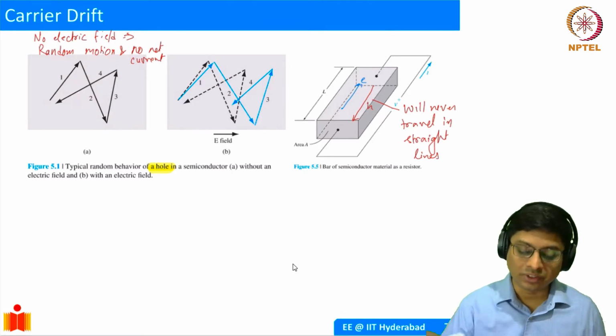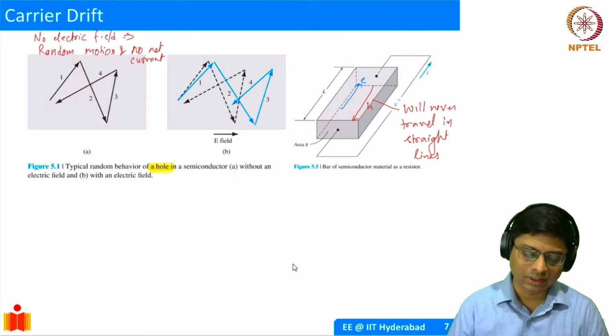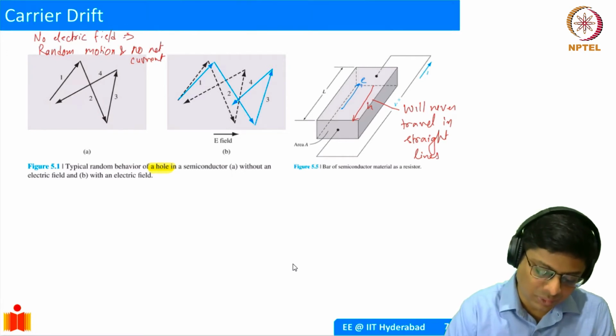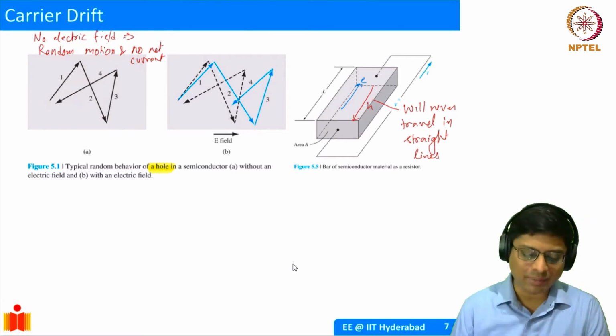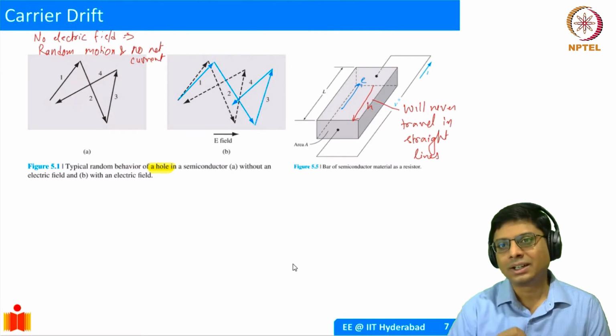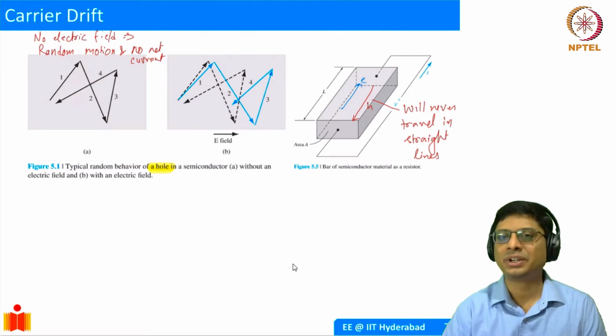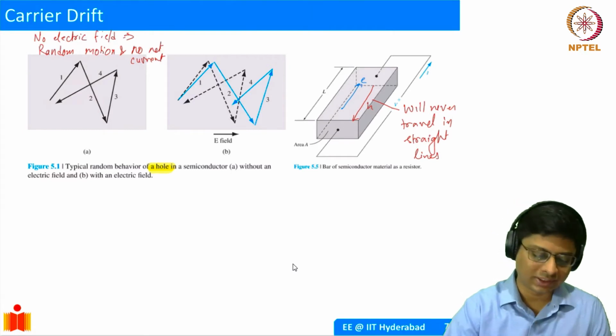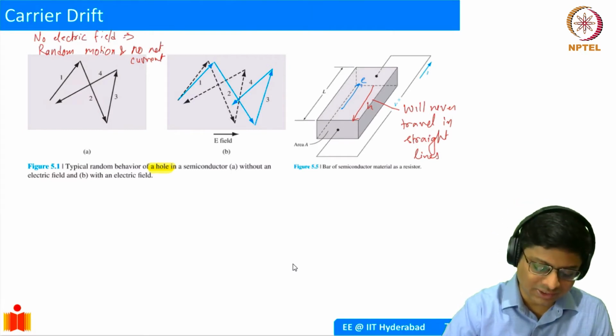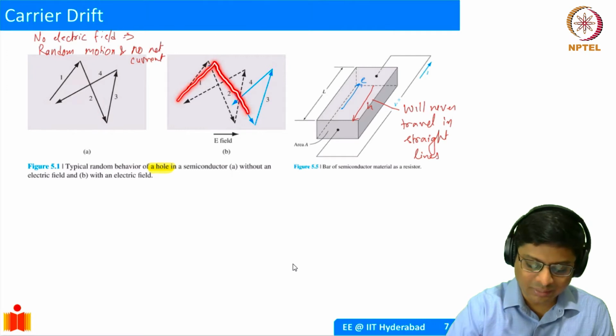But if you introduce a field, that is what is shown in the blue here. Of course, there is still going to be some random motion, but on an overall basis, there is going to be average movement of charge. For example, here the electron is now getting scattered in this direction, again back, so again here.